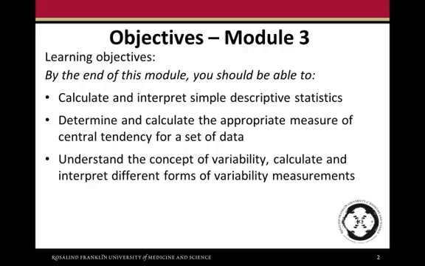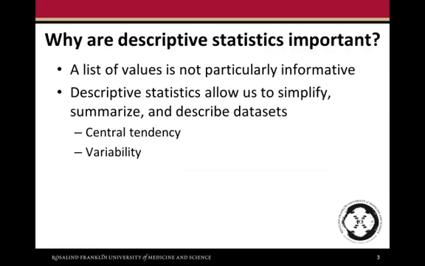So when we think about descriptive statistics, we might wonder, why are they important, right? Descriptive statistics include things like measuring mean, median, mode, etc. And when we have a list of data that we've actually just collected, that list of values isn't very informative, right? If you have 100 individuals that you've been making observations on, that's a lot of information to process.